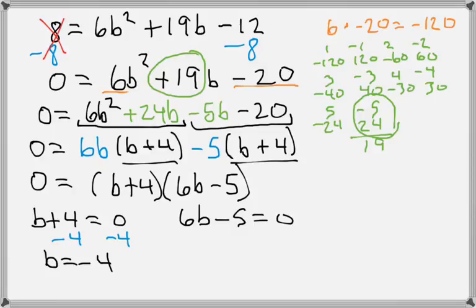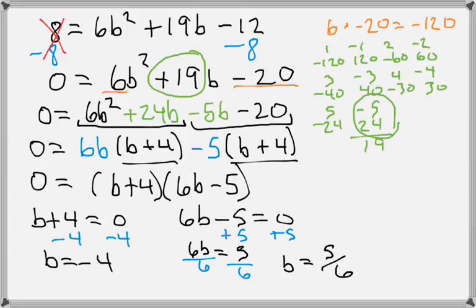On the right, we add 5 to both sides, which leaves us with 6b is equal to 5. And to get b by itself, we now have to divide both sides by 6, leaving us with b is equal to 5/6. So we have our two possible solutions here.